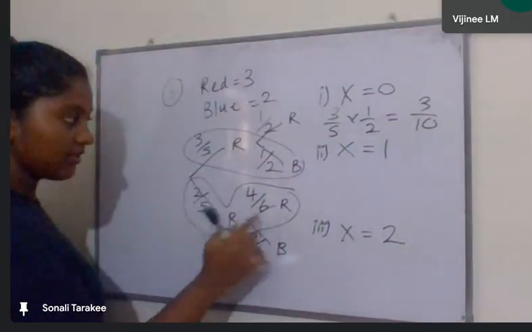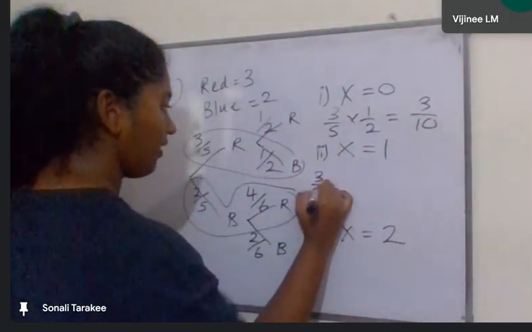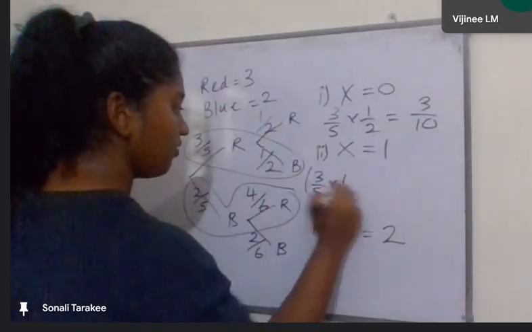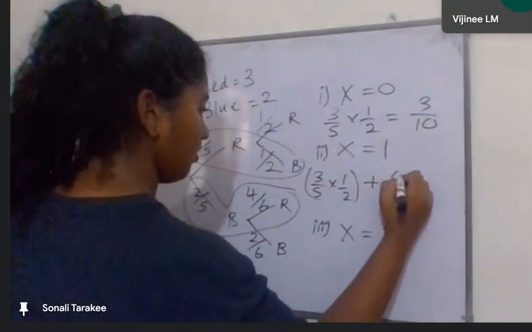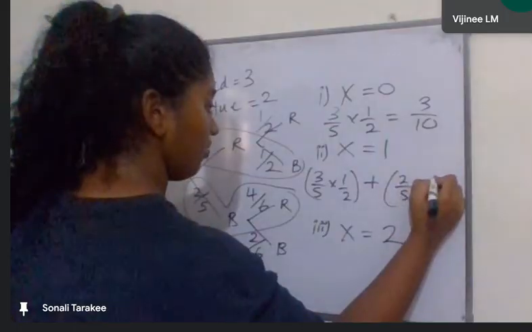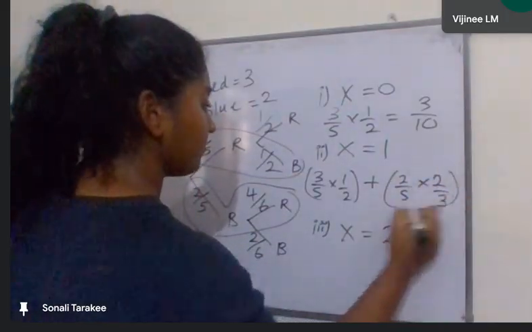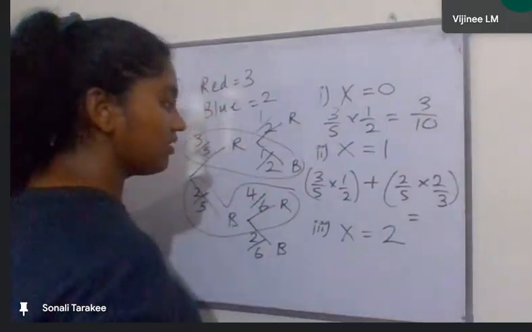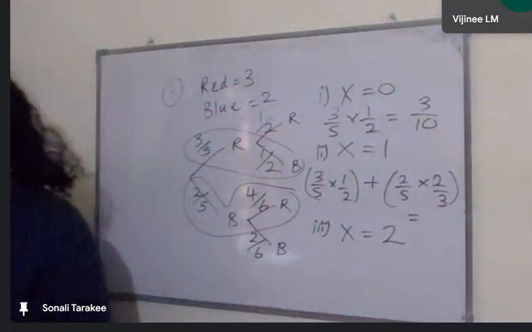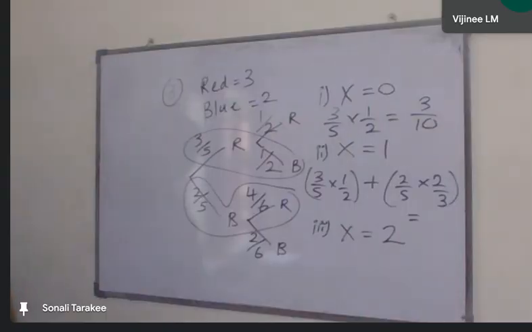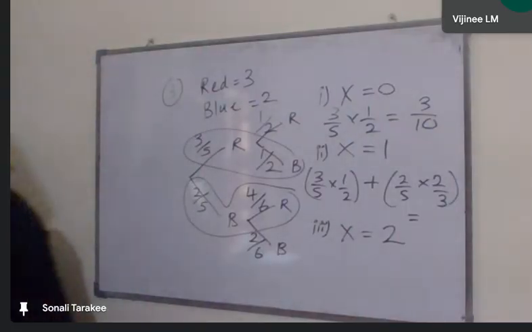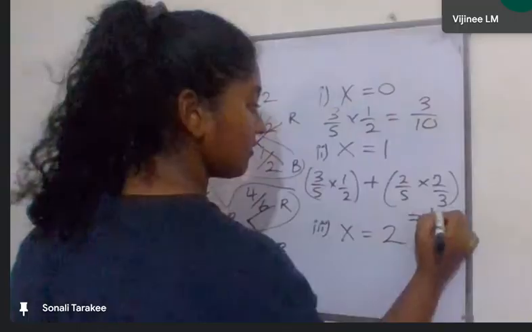Only one blue ball is there. So 3/5 into 1/2 plus 2/5 into 2/3. So once you simplify this one, you get 17/30.